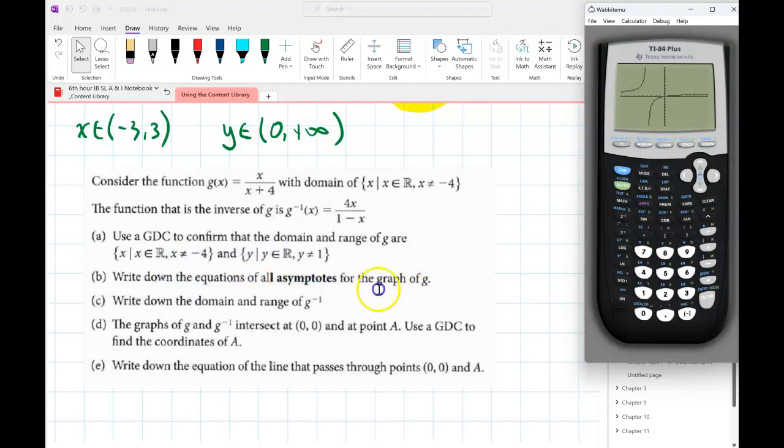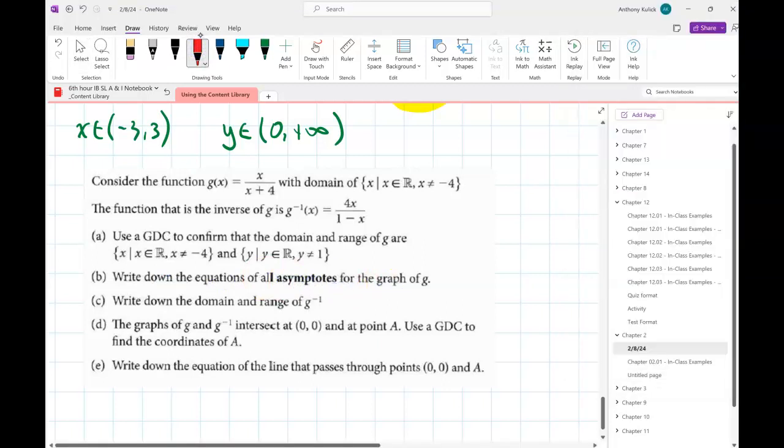Write down the equations for all the asymptotes for the graph of G. Well, I have a vertical asymptote at x equals -4. And I have a horizontal asymptote at y equals 1. Easy enough. Write down the domain and range for G inverse.